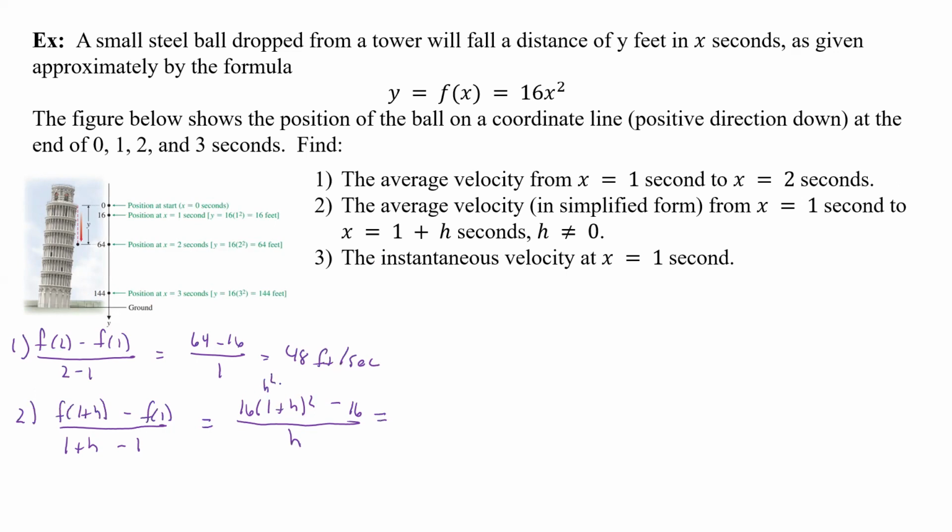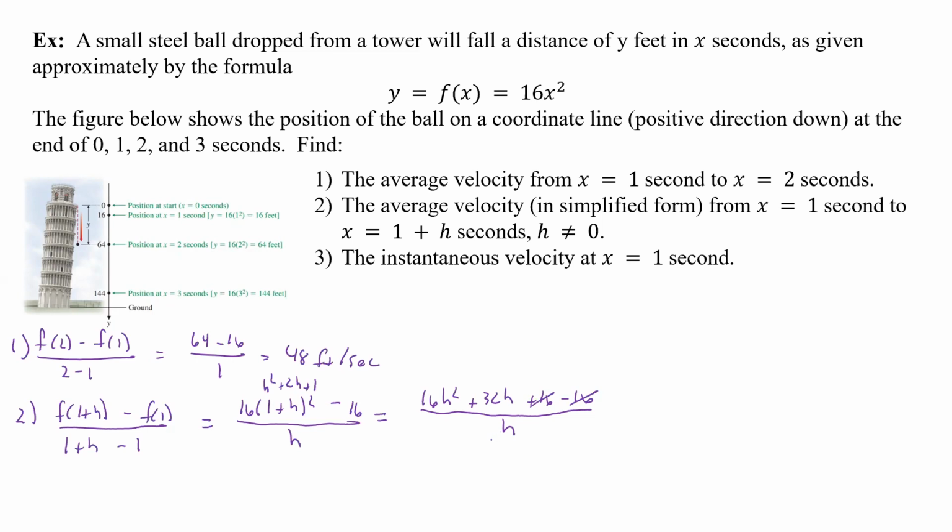Now we have to square this. That's going to be h squared plus 2h plus 1 if we multiply it out. Then we take 16 times that, so it's 16h squared plus 32h plus 16, and then minus 16, all over h. Well, 16 minus 16 is 0.